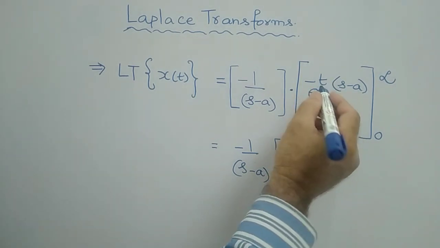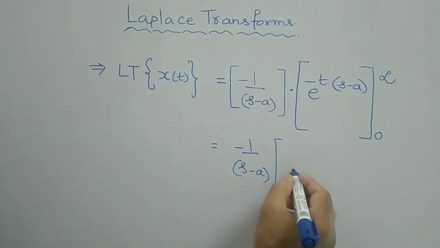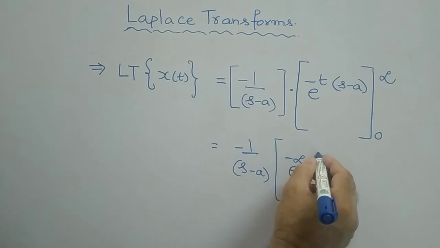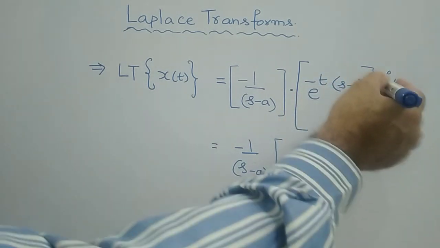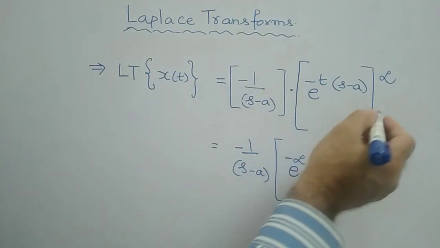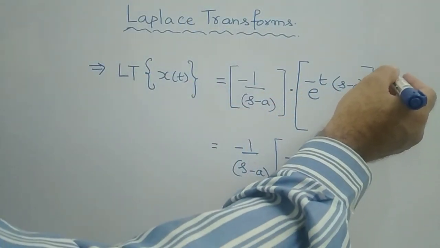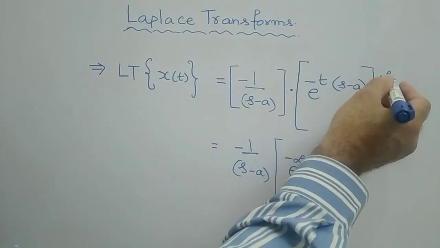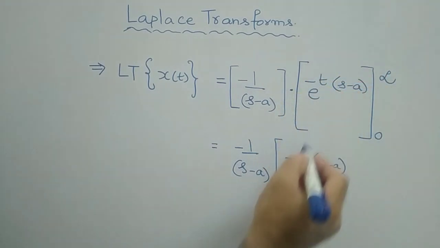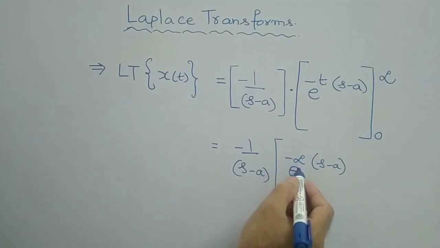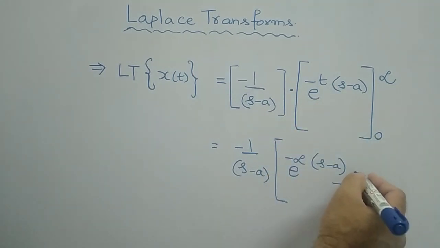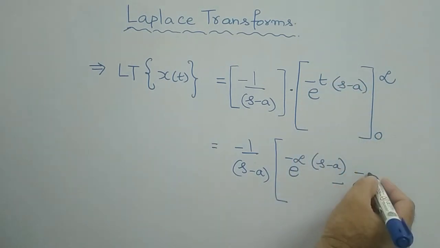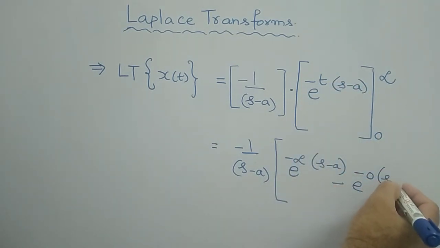So substitute t as infinity, meaning e^(-infinity times (s-a)), minus the lower limit, where wherever t is there you substitute 0 into (s-a). So your problem is almost all over.